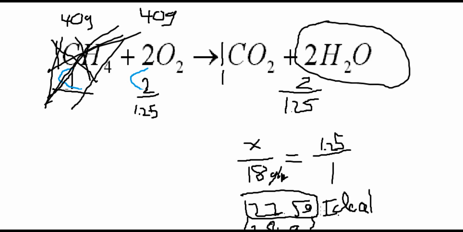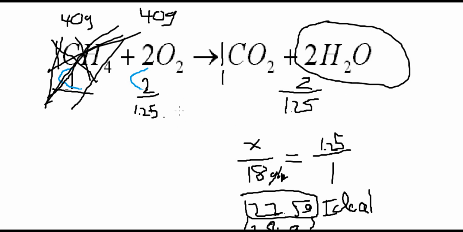Okay, so we just figured that 22.5 is our theoretical yield. And our theoretical yield is the amount that we're supposed to get.